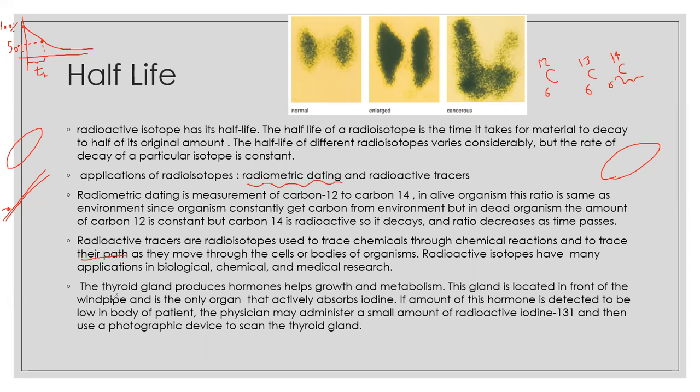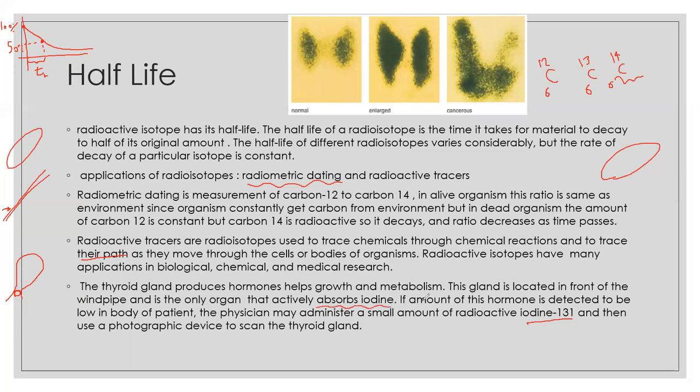Another application is, again, that we use radioactive tracers like iodine-131. You know that the thyroid gland, this is the head, this is the neck, is in front of the windpipe. It absorbs iodine.